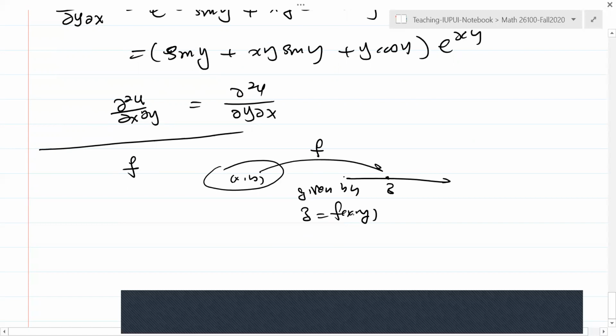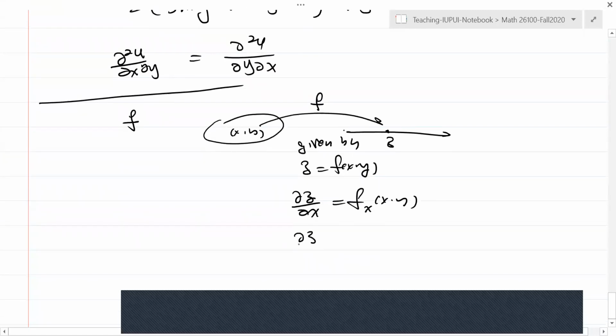This is our notation. This really means the partial derivative of f with respect to x. So partial z over partial x is a name of the new variable, given by that expression.